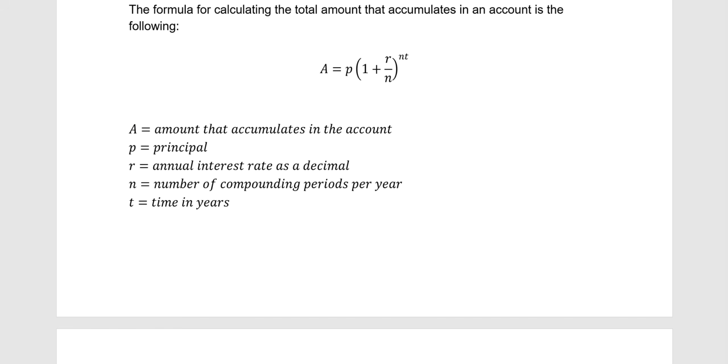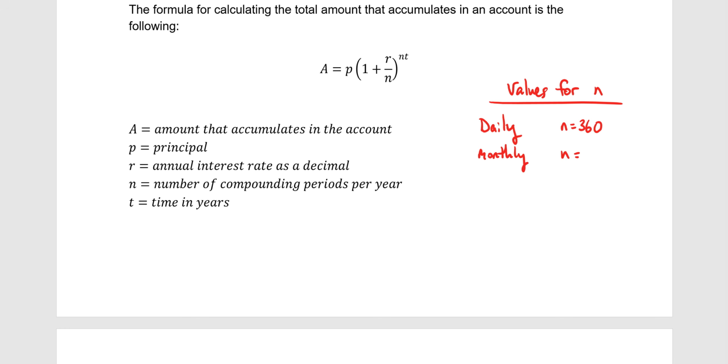Some certain values for N that we will be seeing are: daily. If it's compounded daily, we're going to use that banker's rule that we talked about and say that N equals 360 for 360 days in the year. Once again, that was from rounding. And then we can have monthly.